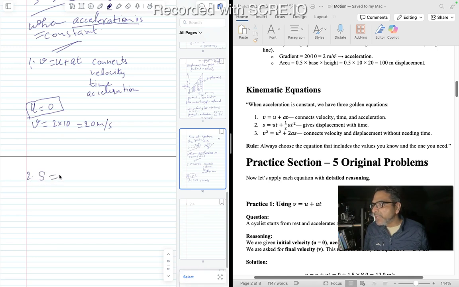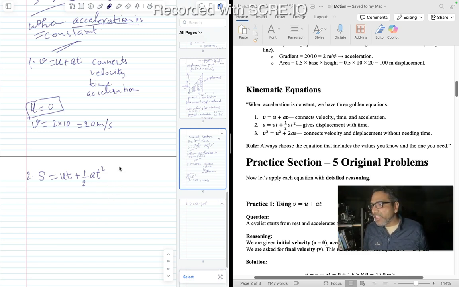the displacement is equal to ut plus half at square. Now here we do not have the final velocity.